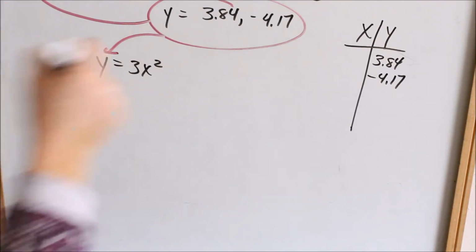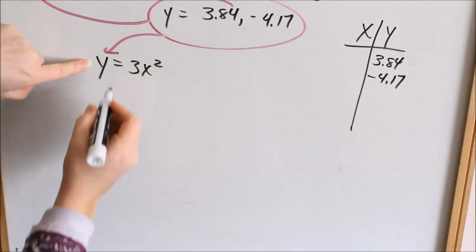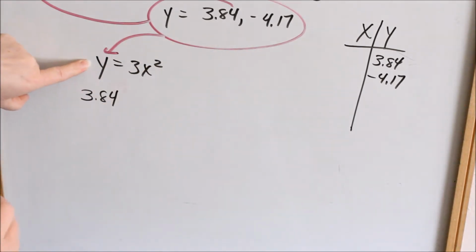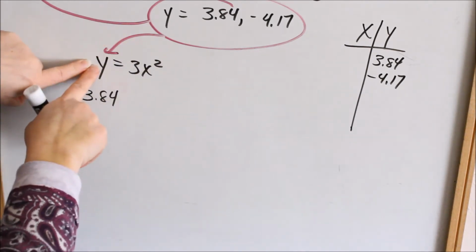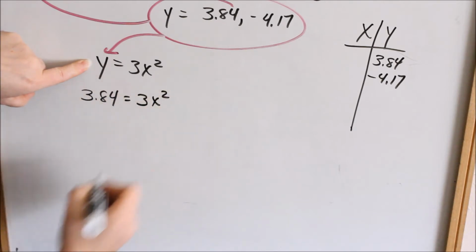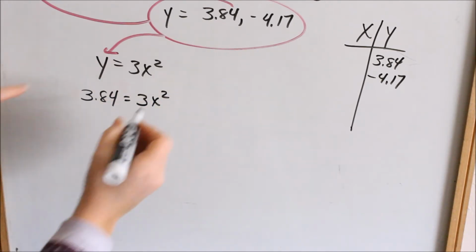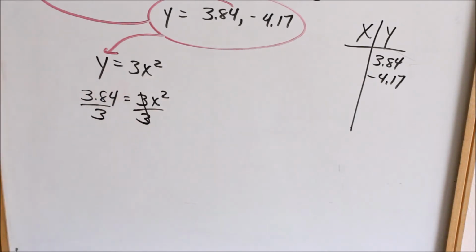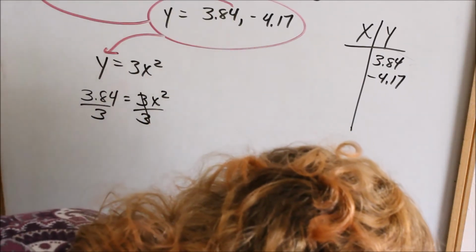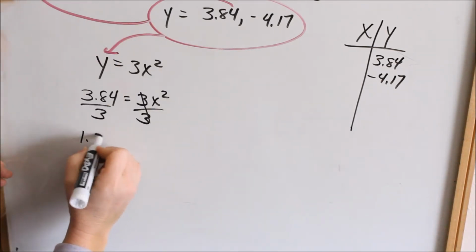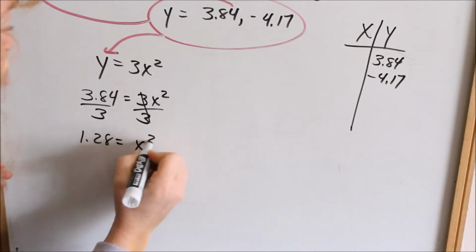So first I will put in 3.84. Remember, I'm substituting in for y. It's important to keep up. Is that a y value or x value? So putting that in for y equals 3x squared, solving for x, divide both sides by 3. So 3.84 divided by 3 is 1.28 equals x squared.